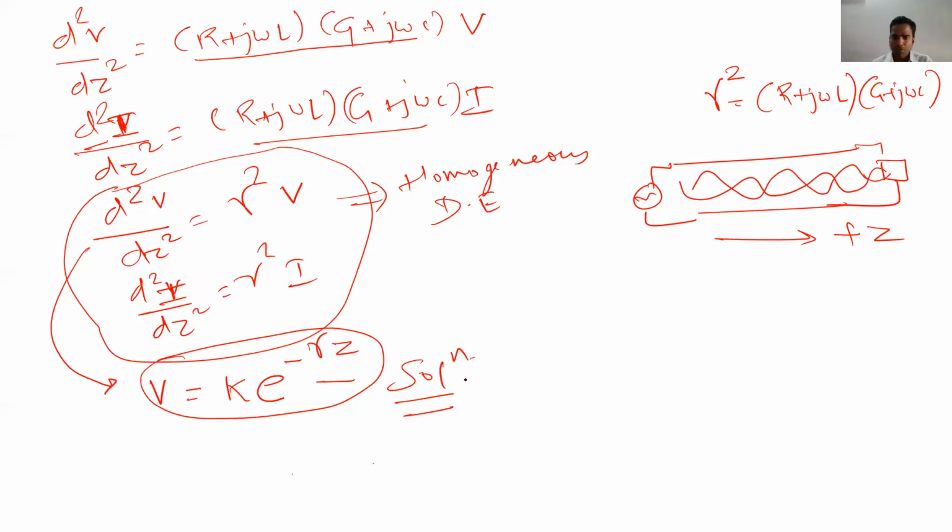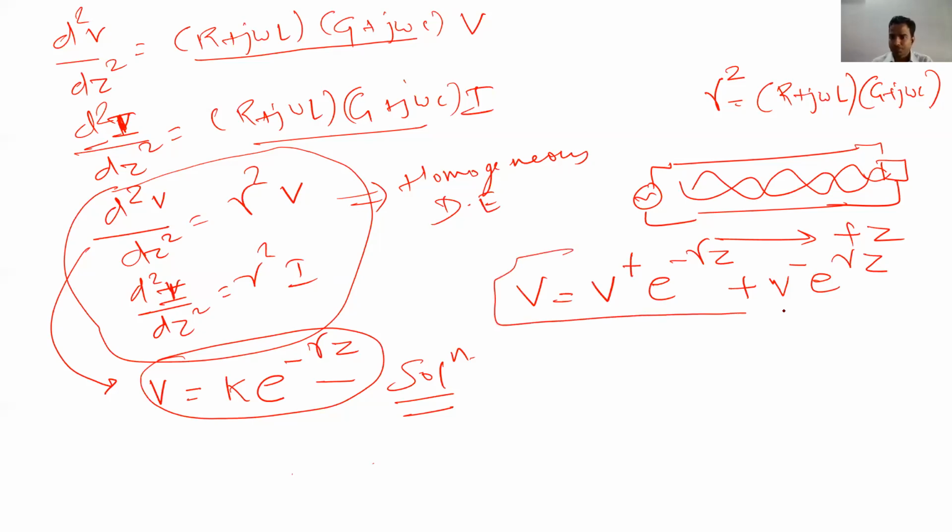So our solution will not only be in terms of the forward traveling wave: V equals V plus e raised to minus gamma z, plus the wave traveling in the reverse direction, which is V minus e raised to plus gamma z. So this is our actual solution for the differential equation.